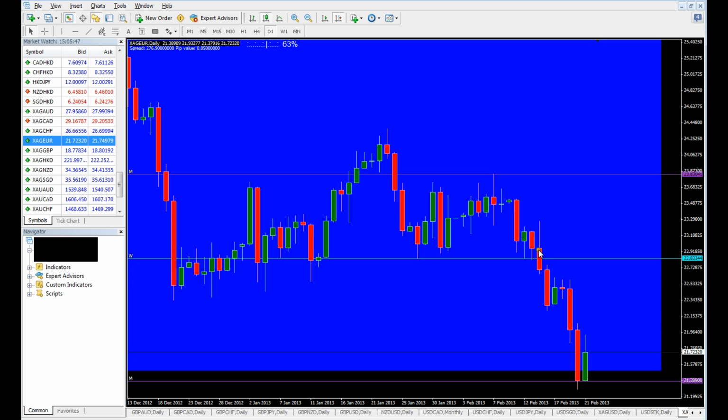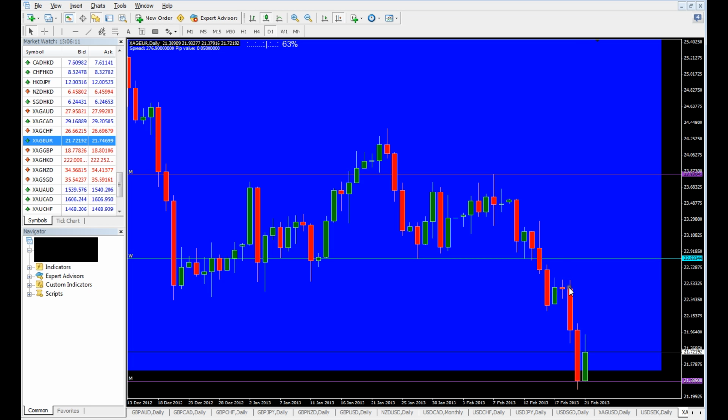One is that we are quite close to the take profit, and the second reason is that we have no retracement back to this line. If we had a retracement back to this line, the trade would be much more secure to do, but it is not.